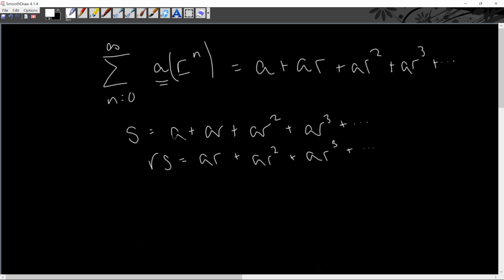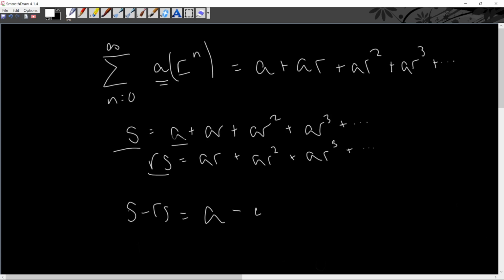So if you did s minus rs, this series minus this series, the first term, a, is the one thing that is not subtracted from anything in rs, and you have the last term, right?